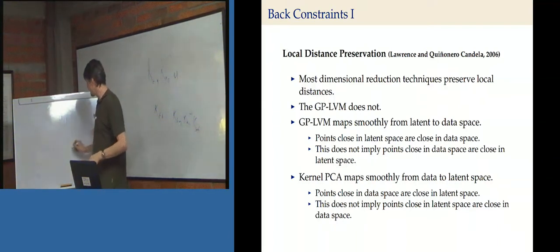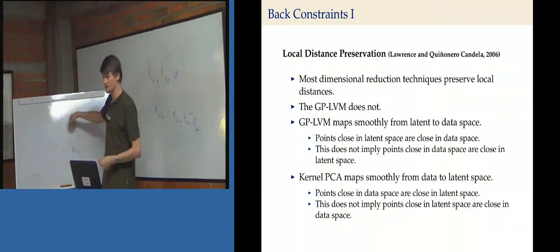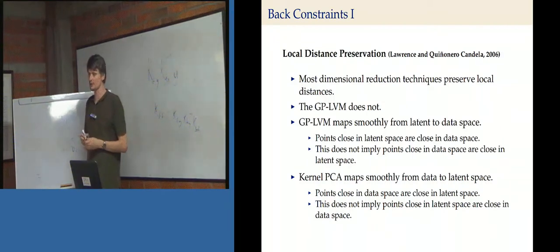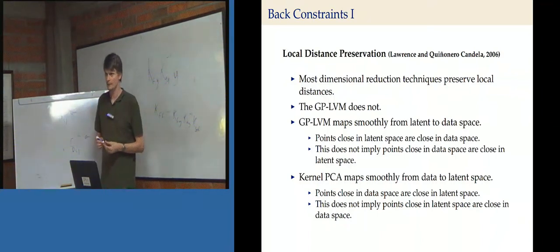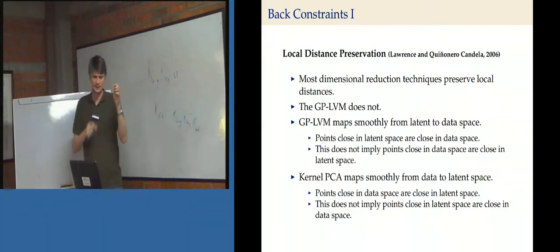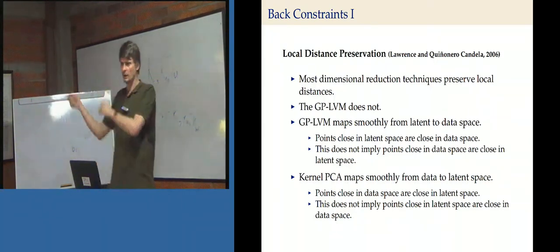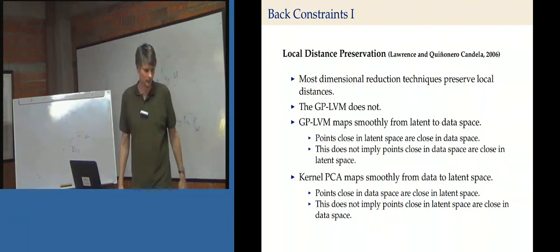And I want to create some latent distance in latent space, which approximates this. Now most approaches will say that the thing to do is, if two things are close together in data space, keep them close in latent space. Yeah? That seems totally intuitively sensible, doesn't it? So if I find in data space that I've got two things that are close together, they should also be close in latent space.